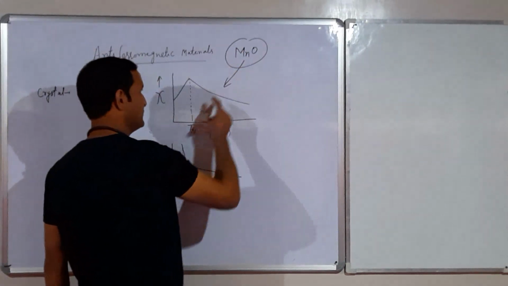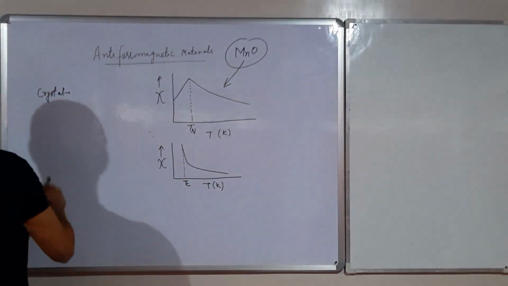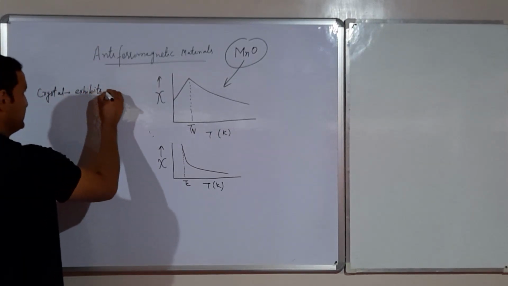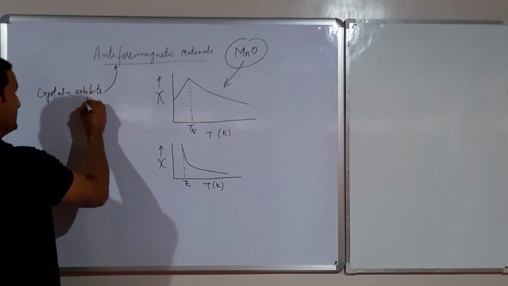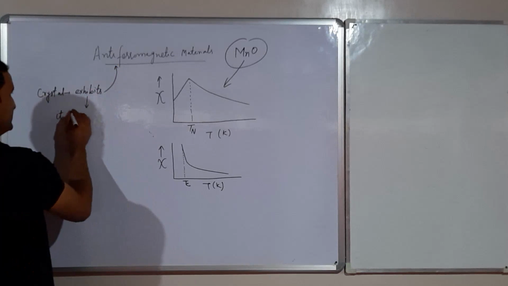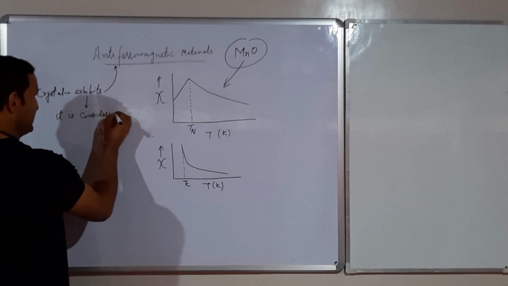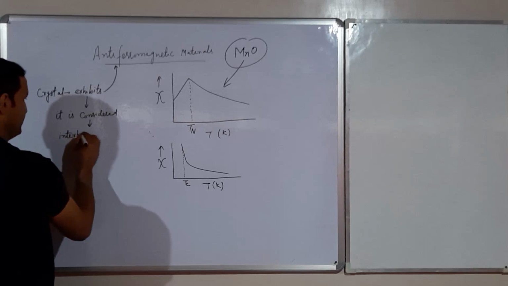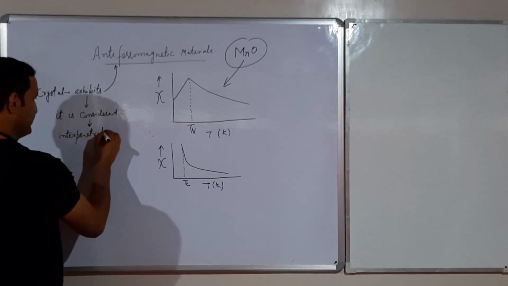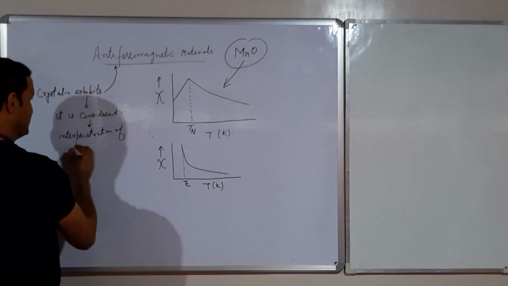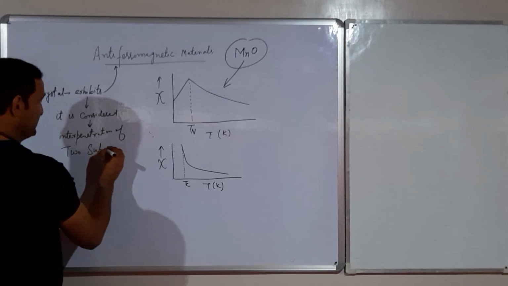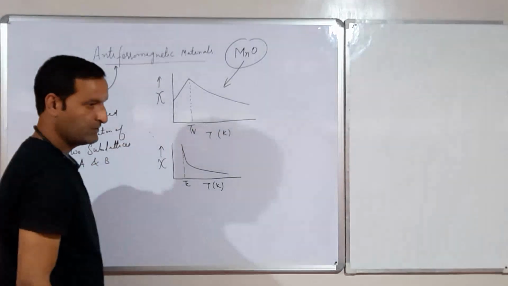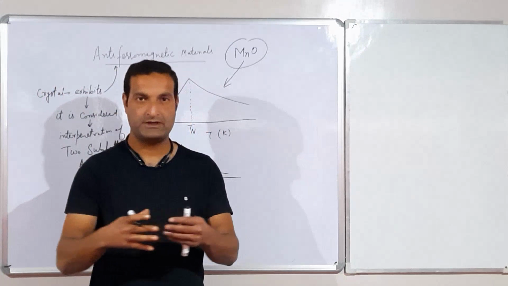If a crystal exhibits antiferromagnetism, it is considered as consisting of the interpenetration of two sublattices, that is lattice A and lattice B. These two lattices are interpenetrating each other.